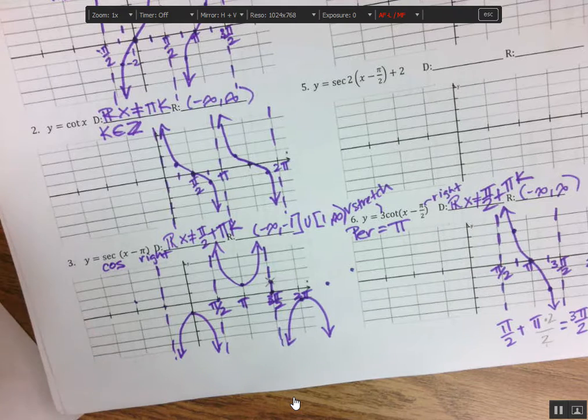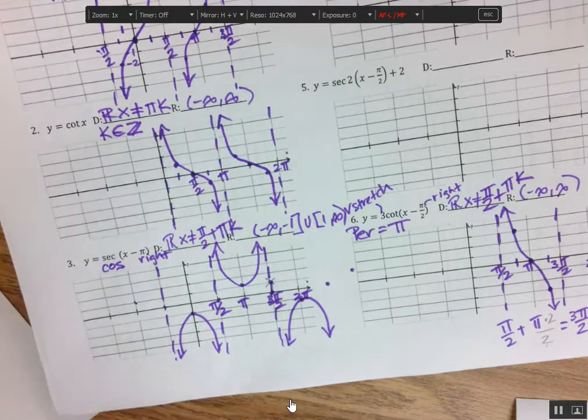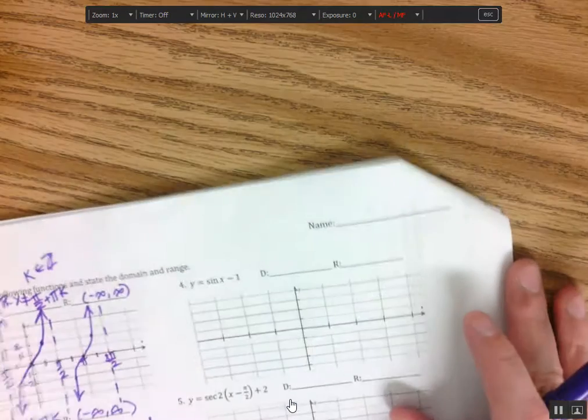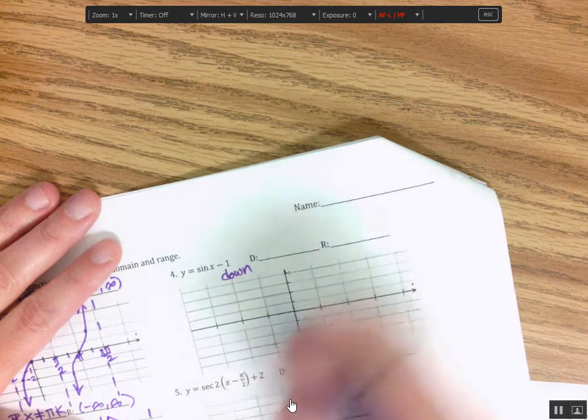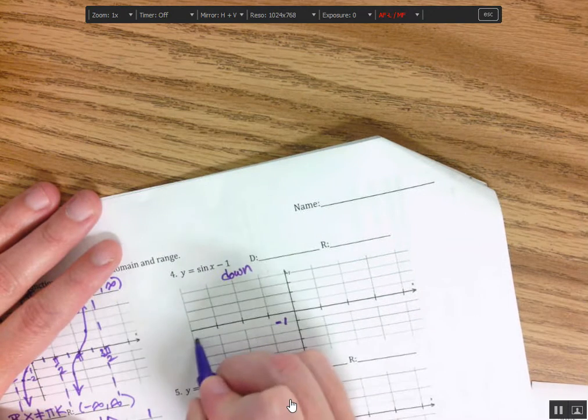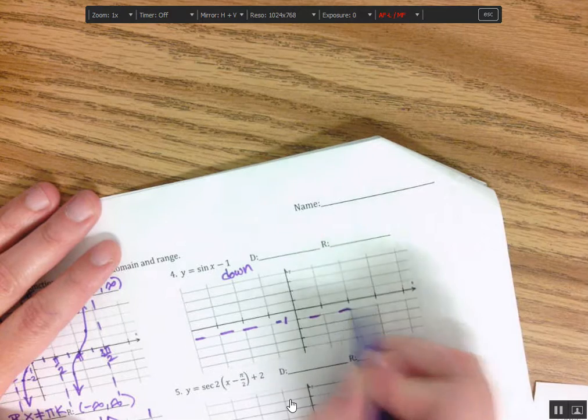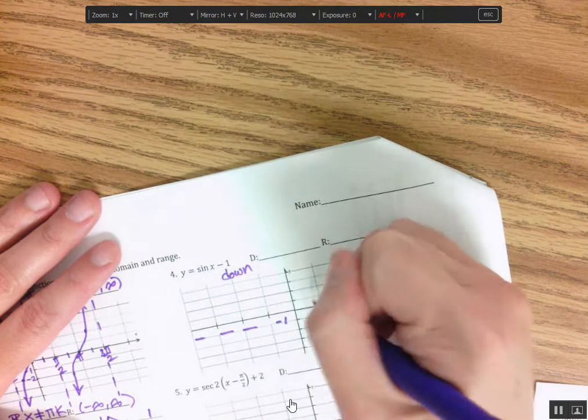All right, so now we've been doing all these tricky graphs. Take a second and see if you remember how to do your sine graph in number 4. All right, moving on to the sine graph. -1 shifts it down. So you want to graph your new midline at -1. And make sure you label your x-axis.